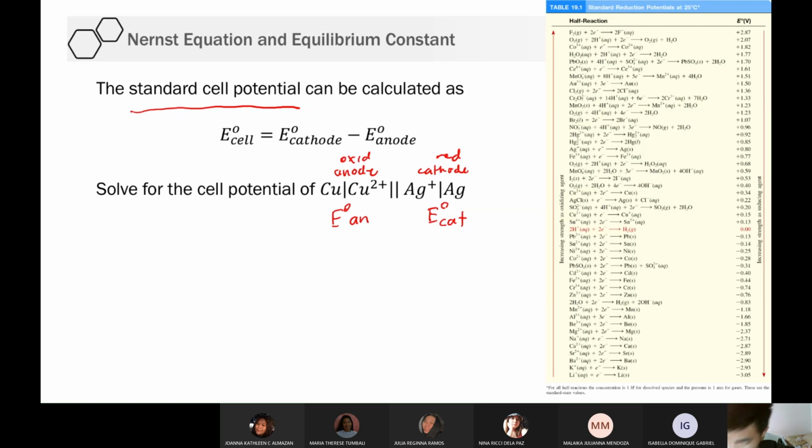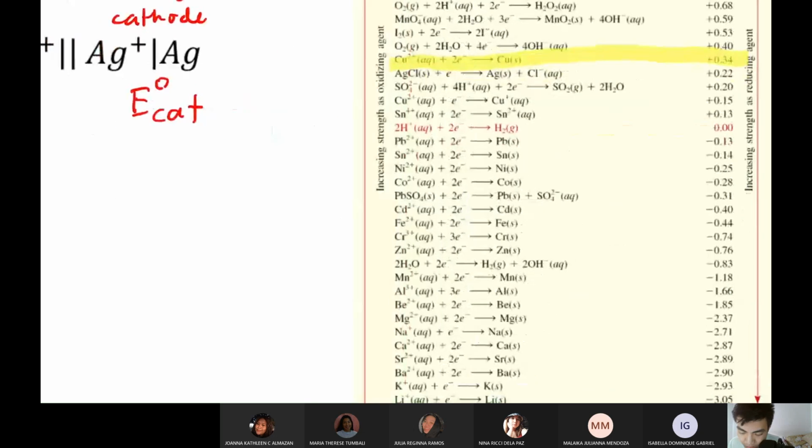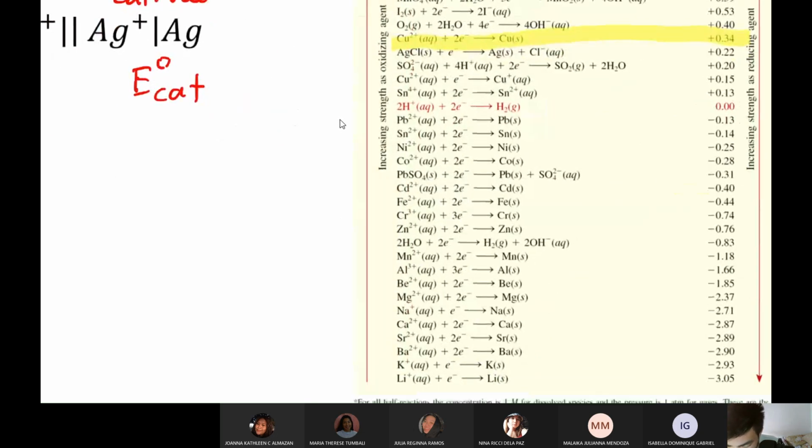Wait lang ha. Ayun. So, that is the cell potential for copper, no? Basically, hanapin mo lang to, yung Cu2+. It doesn't matter if baliktad or not dito sa table. Basta makita mo yung ions na yan. Okay? And then look for Ag+. Okay, so hanapin natin Ag+, Ag.